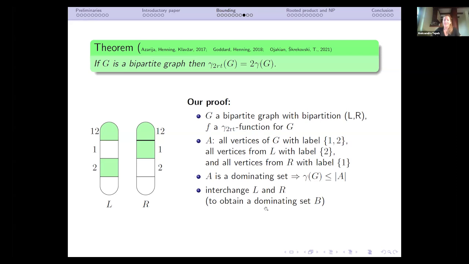And this will be a dominating set as well. So now we get this sequence of inequalities. Actually, there are equalities from here. This is obvious because A and B are dominating. And if we sum up their cardinalities, we get exactly the weight of our function f. So this inequality holds, and vice versa. It's just obvious. So that's it. This is the short proof of this equality.